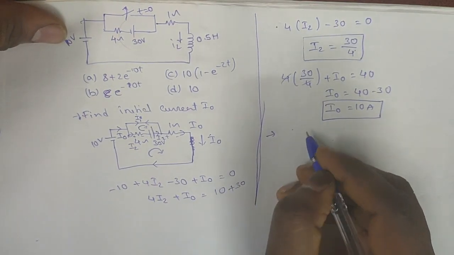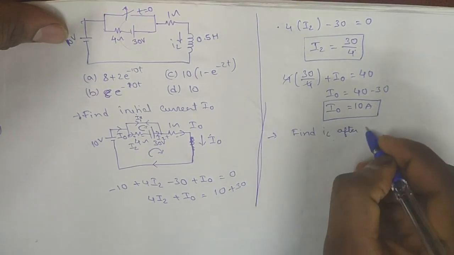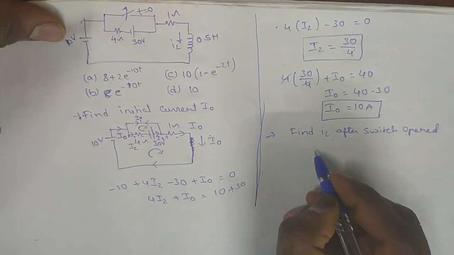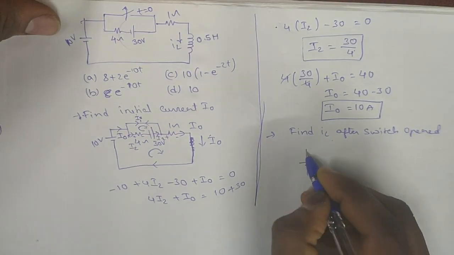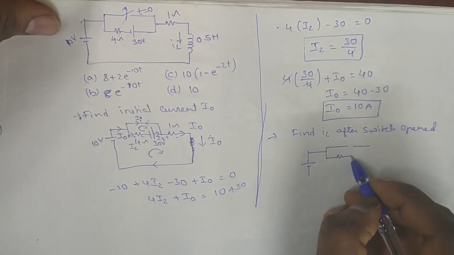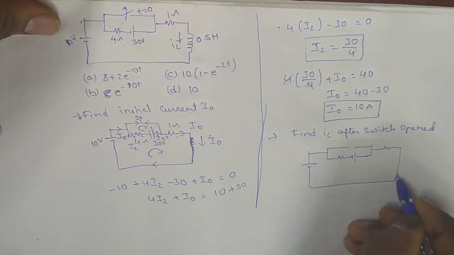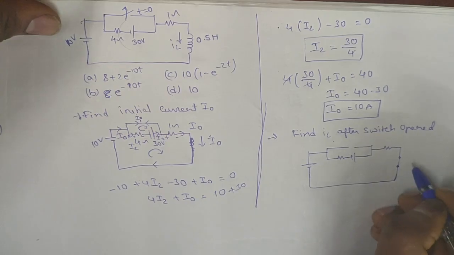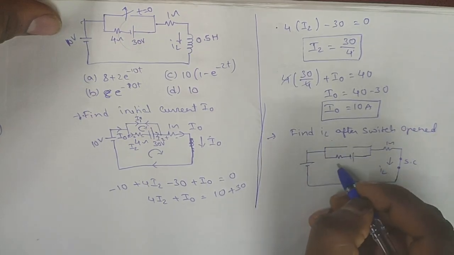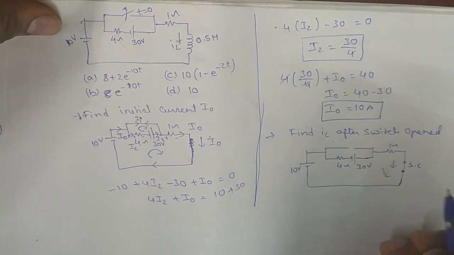Now finding IL after the switch is opened. Redrawing this circuit. As it is a steady state, after a long time since the switch happened, the inductor is a short circuit, then IL, 1 ohm, 4 ohms and 30 volts, 10 volts.